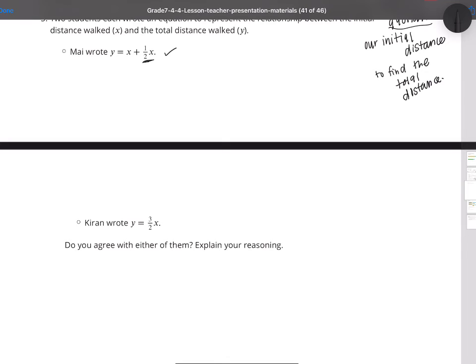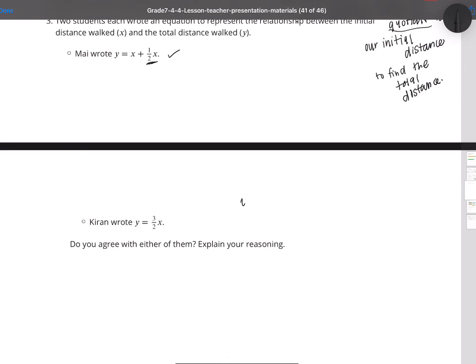Let's look at May's one. I'm going to write May's equation down right here: x plus 1/2 x. What we probably didn't talk about is that the number that's always understood in front of the letter x is 1. What's the purpose of saying 1x when we could just put an x to represent 1x, correct?